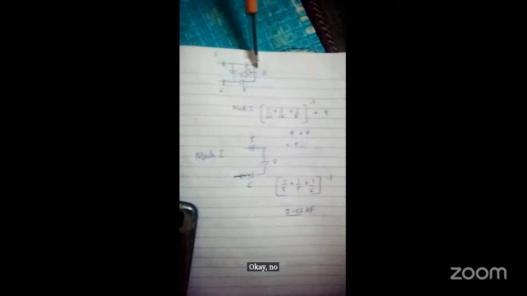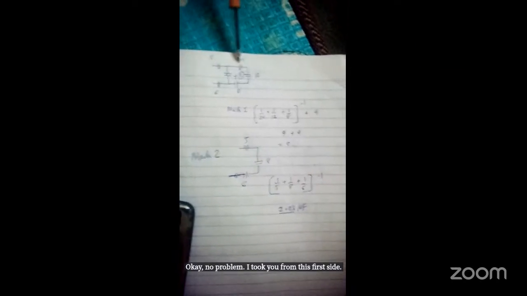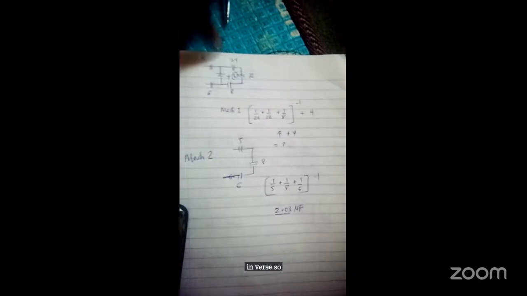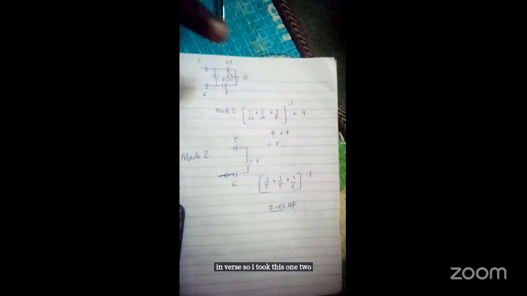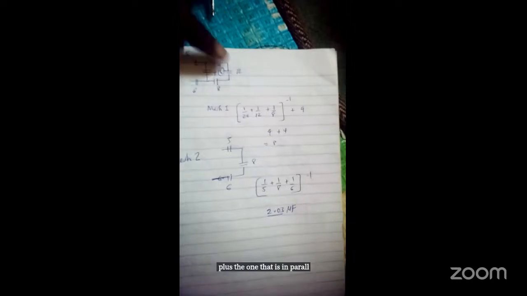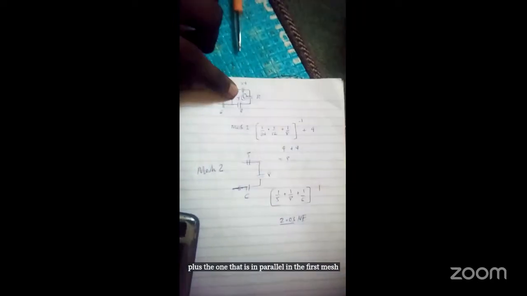I took it from this first side, like this. When it is in series, you would use inverse. So I took this 1, 2, 3 inverse, that is 1/12 plus 1/24 plus 1/8 inverse. Plus the one that is in parallel in the first mesh. This one will give me 4, and the other one plus 4, that is 8. That means the total of this side will be 8.